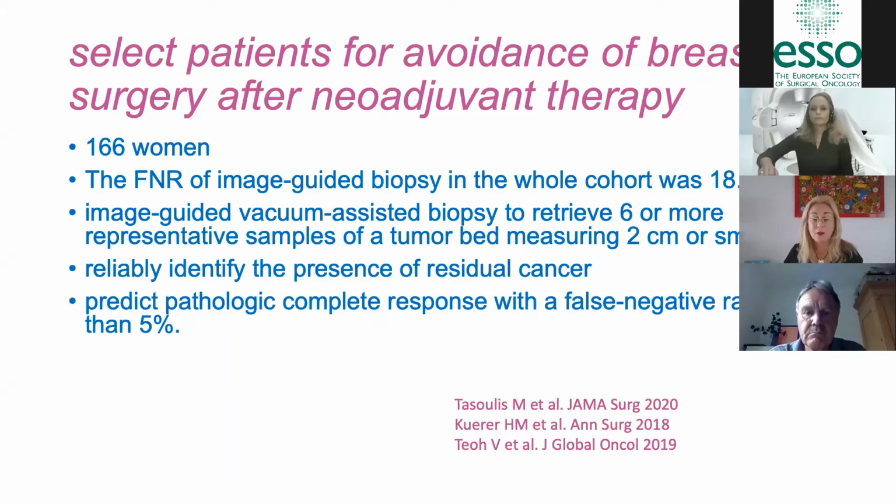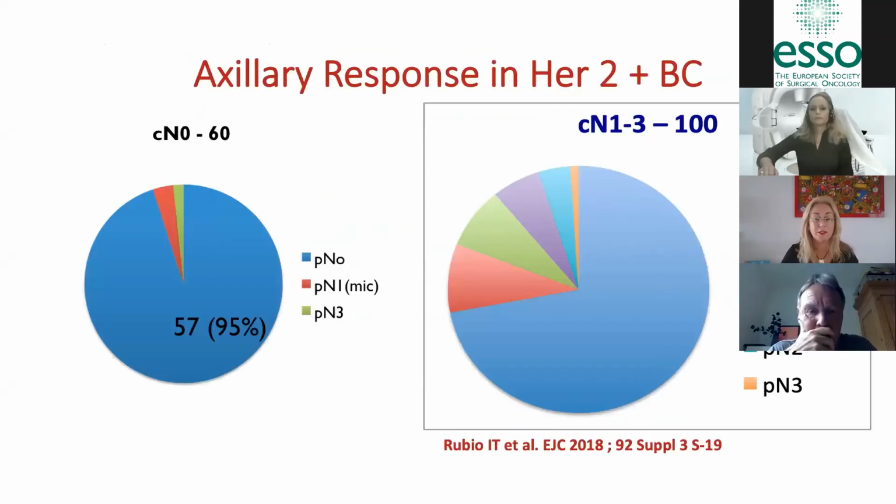Mainly, they found that there are some characteristics, like using a vacuum-assisted biopsy and retrieving more than 6 representative samples of a tumor bed that measures 2 centimeters. So you take a lot of tissue, so you can lower your false negative rate. And as I say, there are 2 or 3 clinical trials ongoing on this.